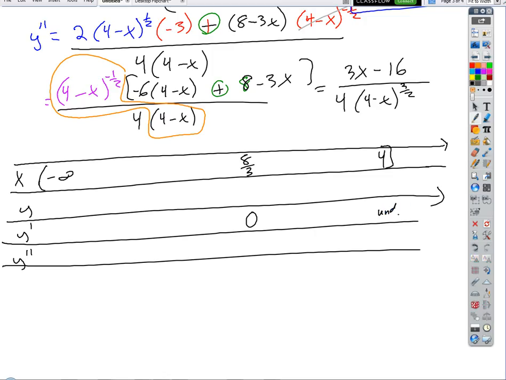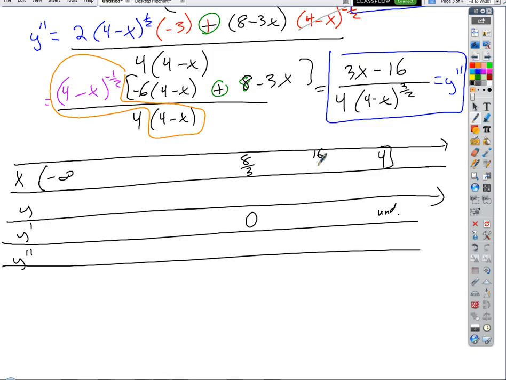So what about the second derivative? So what are we getting there? 16/3, okay. So 16/3 is going to be like right here, right?